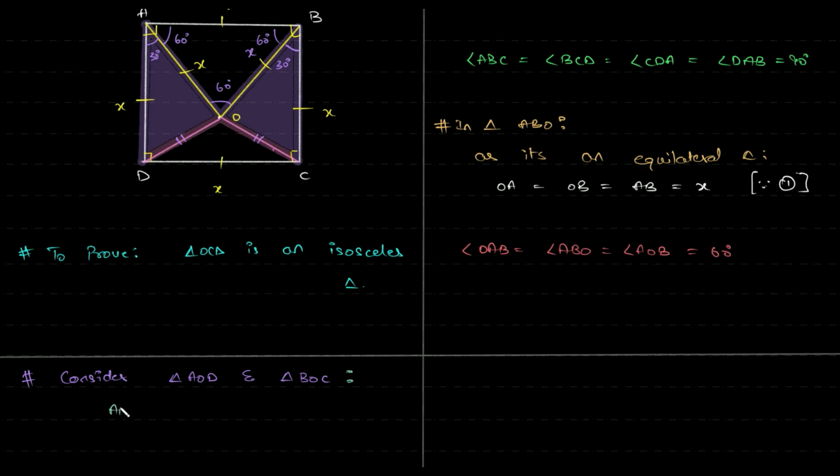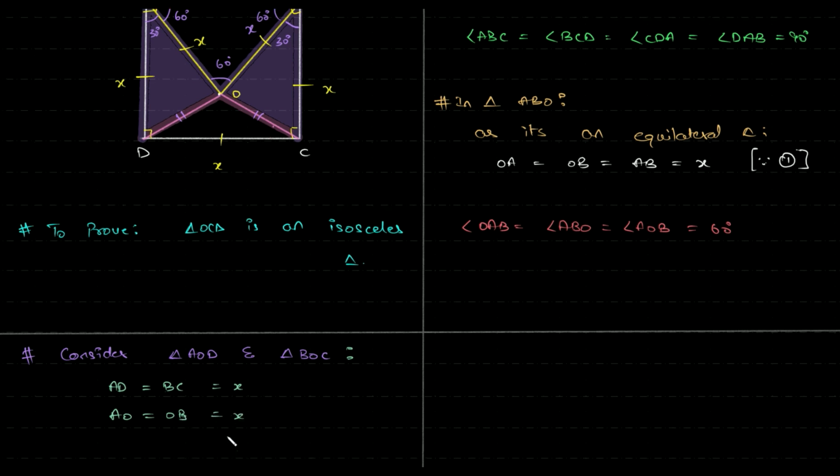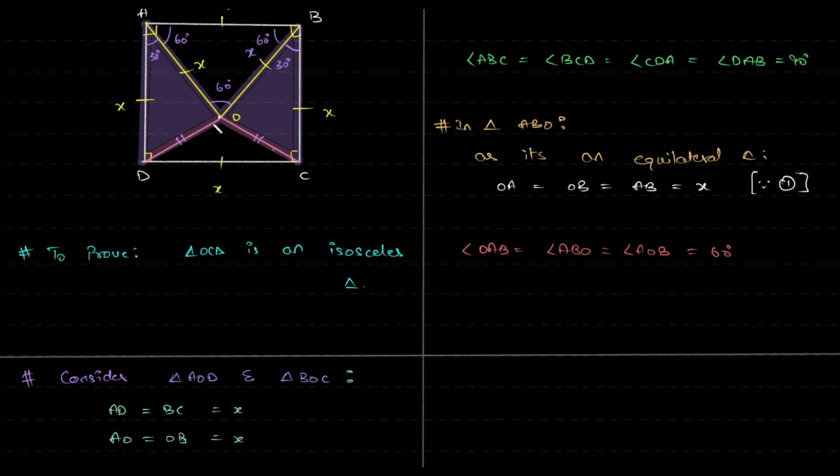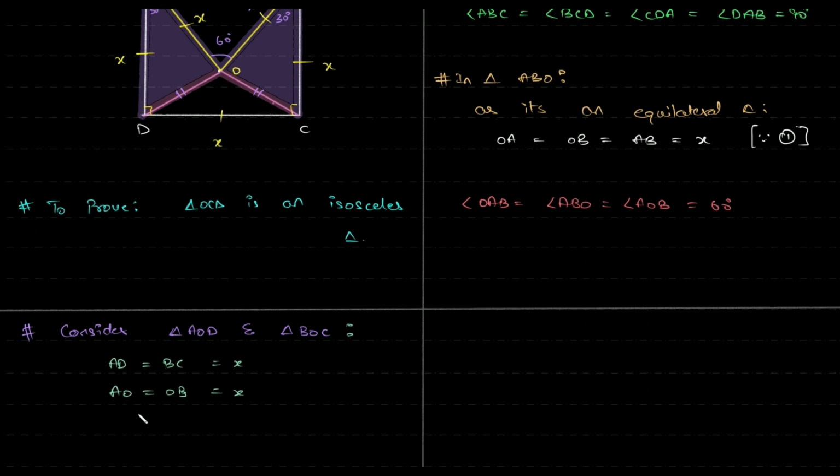We have AD, which is equal to BC, which is equal to X. And we have AO, which is equal to OB, which is equal to X2. And we have angle DAO equal to angle OBC, right? Because they are 30, we have to prove that actually. So let me do that individually.